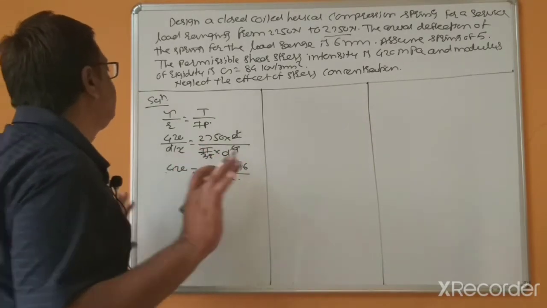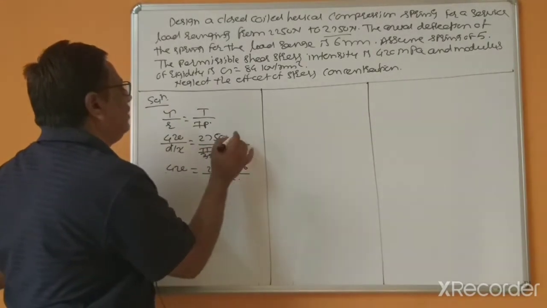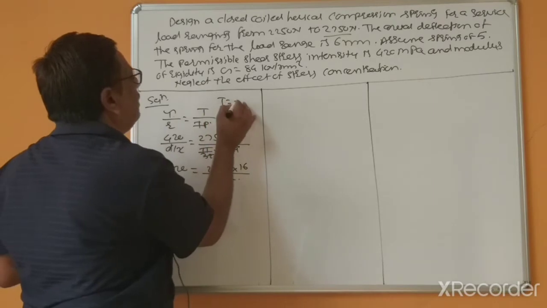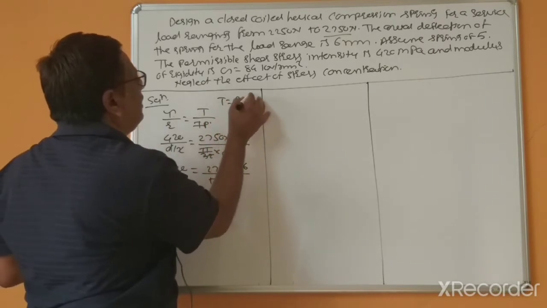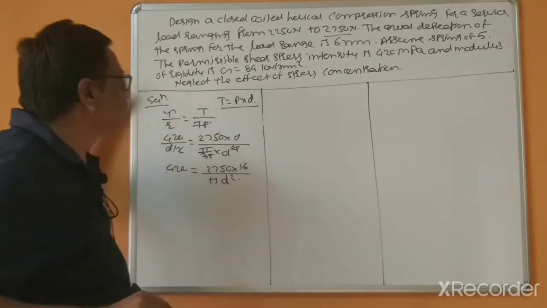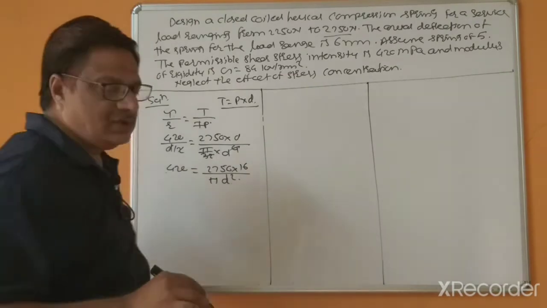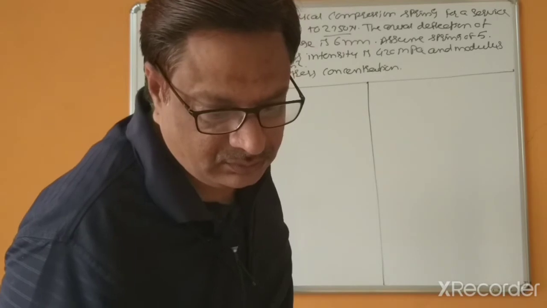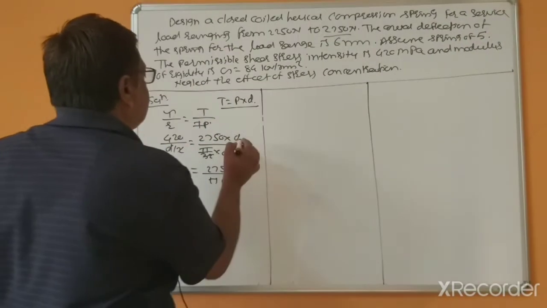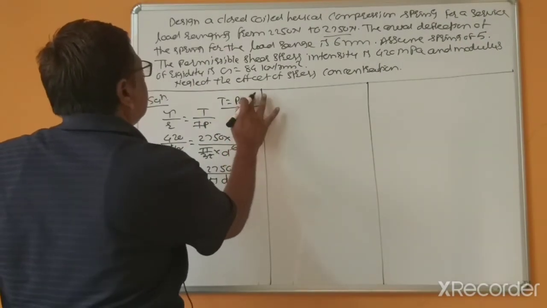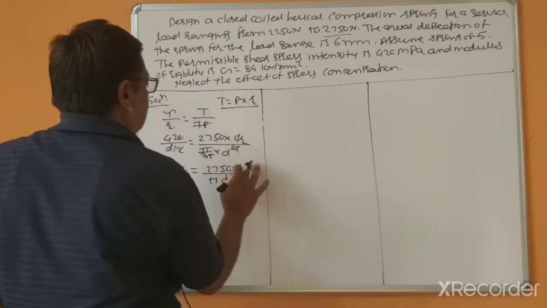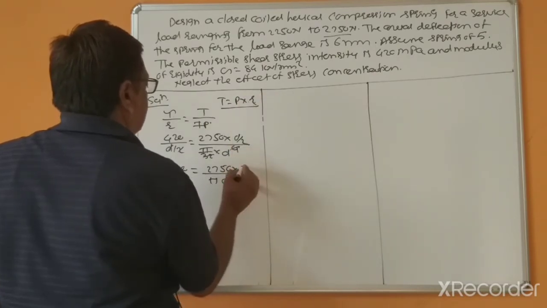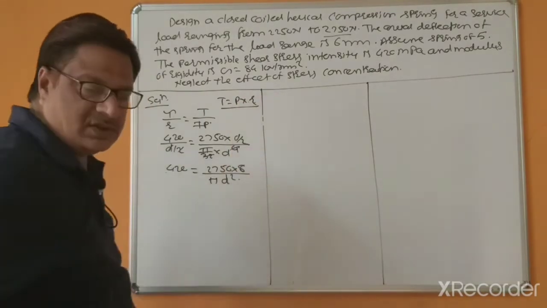This is the only change because torque equals load multiplied by distance, the basic formula. Sorry, this is R, tau equal to this, which is correct because R is required.